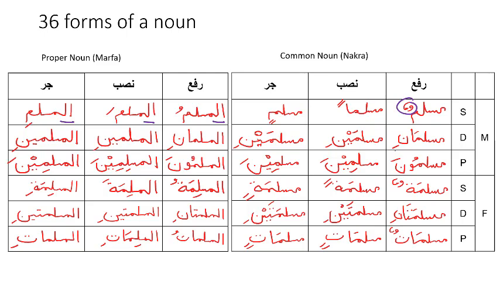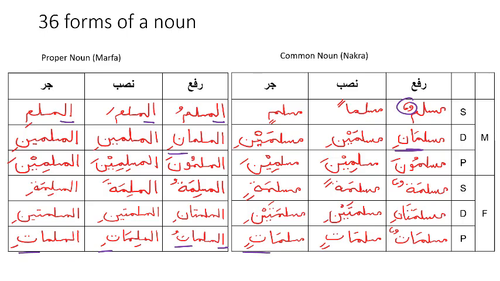Where we don't have any tanween, we just keep whatever we had before. With this last row, muslimatun becomes al-muslimatu, muslimatin becomes al-muslimati, and this is the same.